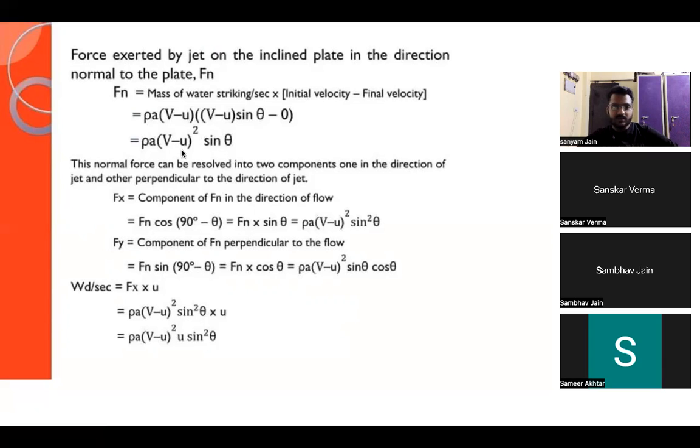Now we can find its components in the x and y directions by multiplying by sin θ and cos θ. So ρA(V − u)² sin²θ is the x component, and the y component is ρA(V − u)² sin θ cos θ, which is perpendicular to the flow. And the work done, you can just multiply this Fx with the velocity.